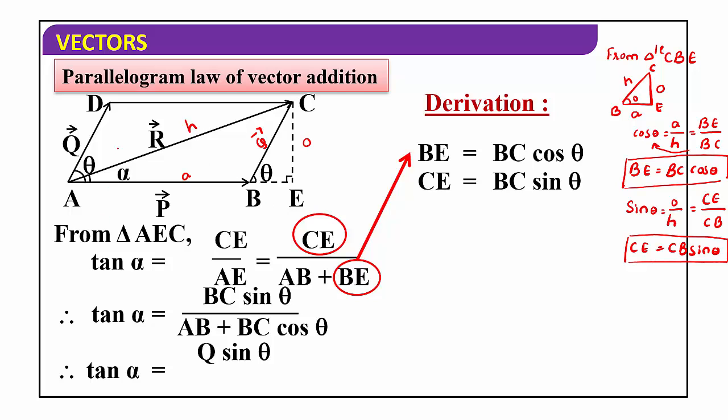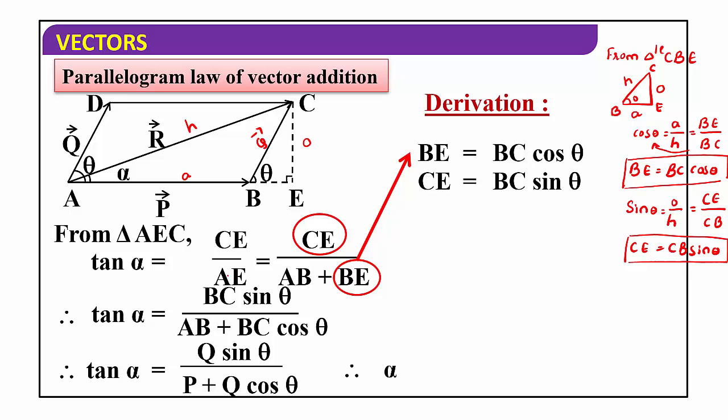So AD is equal to vector Q, therefore BC equal to vector Q. Substitute here. We can write Q sin theta divided by, what is the value of AB? AB is equal to vector P plus BC equal to vector Q. So after substituting all these values, we will get Q sin theta divided by P plus Q cos theta.